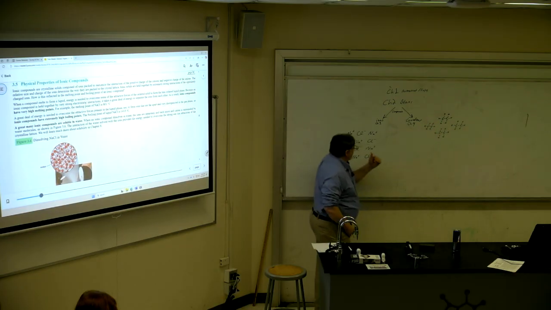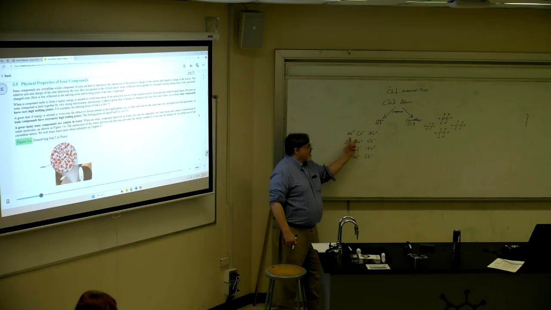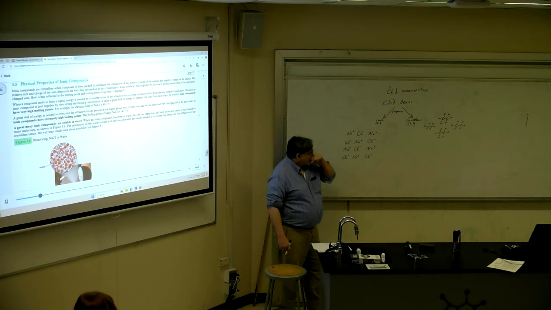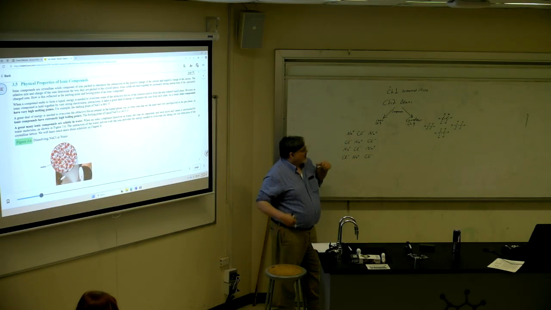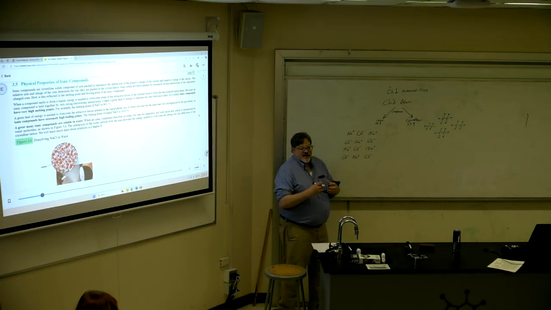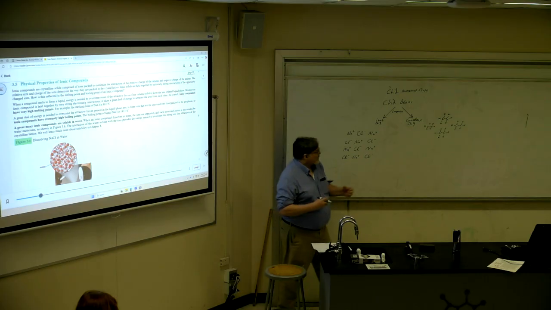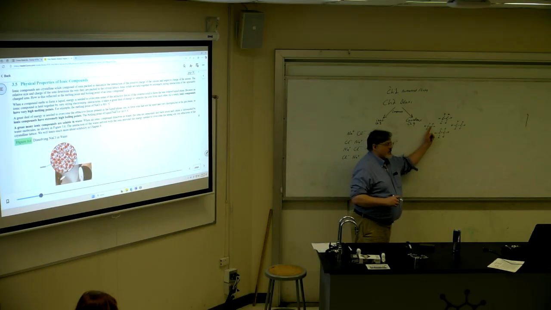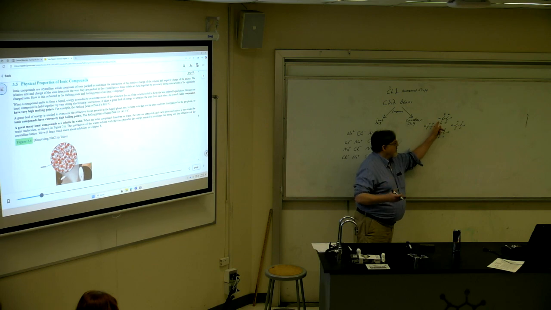But there's still a slight amount of attraction among these molecules. Nowhere near as strong as the attraction among these ions. The electrostatic attraction, that is positive and negative ions being attracted to each other, is a way stronger force than what's holding these together with these little lines.